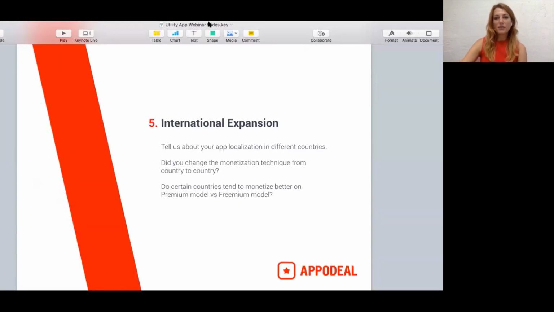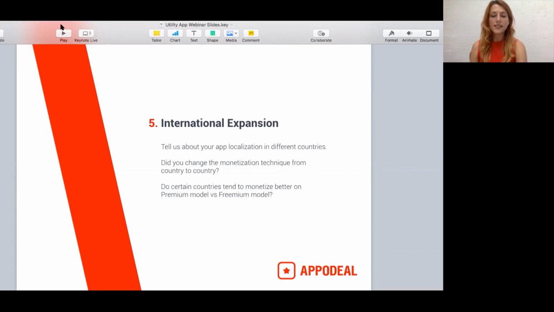So we are now going to be talking about international expansion. I find it fascinating that sometimes apps work really well in one area and the same app doesn't work in a different area, even though you translate it and adapt it to the culture as much as possible. Sometimes it still is not as popular.